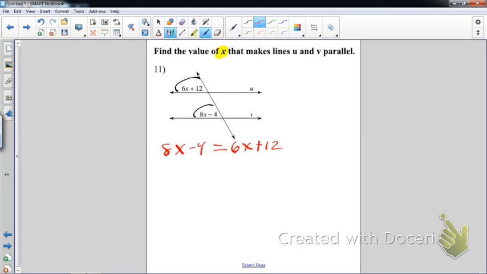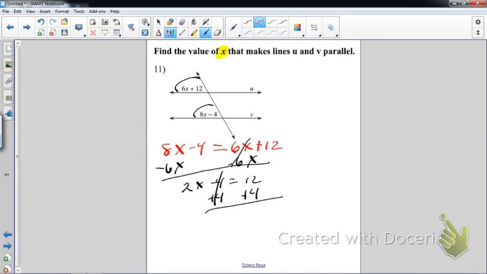And that's great for us because, again, all we have to do is a two-step equation here. This is something that we should feel comfortable with, where I get to use the subtraction property of equality to be able to get all the variables on one side. So I end up with 2x minus 4 is equal to, remember that simplifies to 0, 12. And then I go ahead and add 4 to both sides.